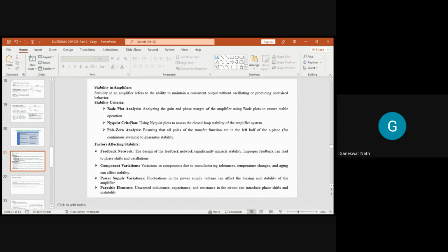What are the factors affecting stability? First is the feedback network. The design of the feedback network significantly impacts stability, and improper feedback can lead to phase shift and oscillations. Similarly, component variations, power supply, and parasitic elements also affect stability.